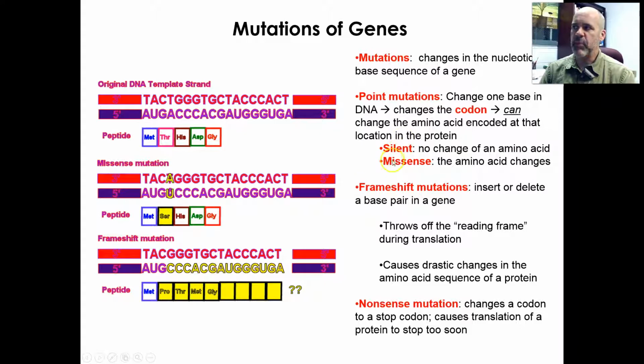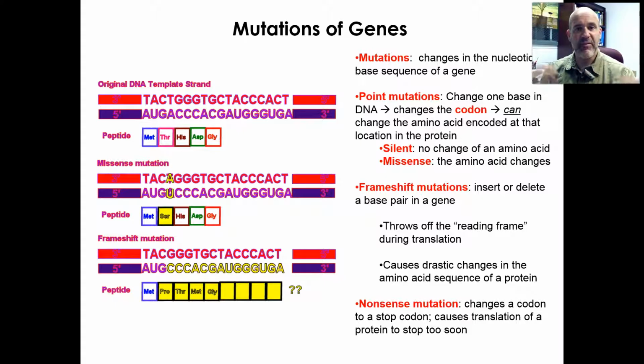With a missense mutation where you just change a single amino acid in a protein, you really don't know whether that's going to dramatically impact the function of the protein. It really has to be tested in some way. Sometimes missense mutations that cause a single amino acid in a protein to change can have very dramatic effects. Sometimes it can have no effects.